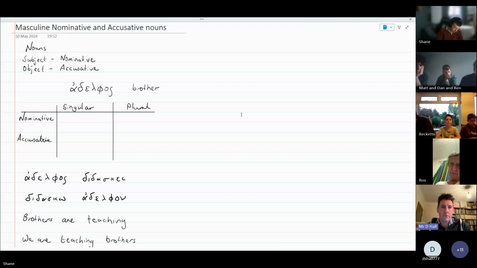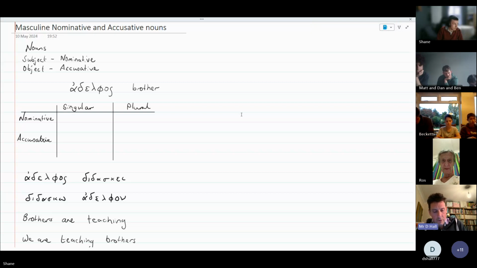So we talk about subjects and objects, generally speaking, in English. When you look at books that are written about Greek, you'll see that they talk about the nominative. In a basic way, we're going to think about the nominative case.